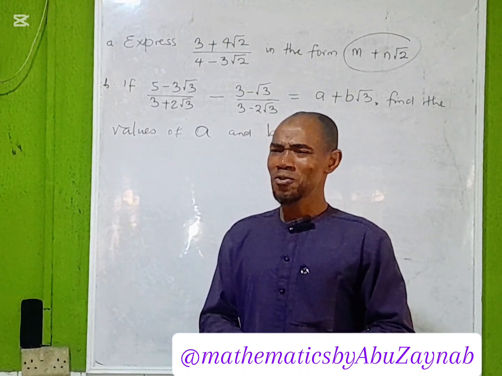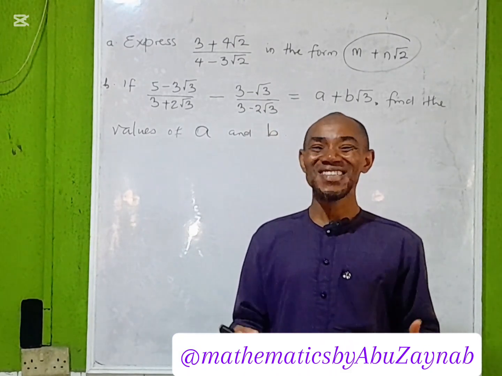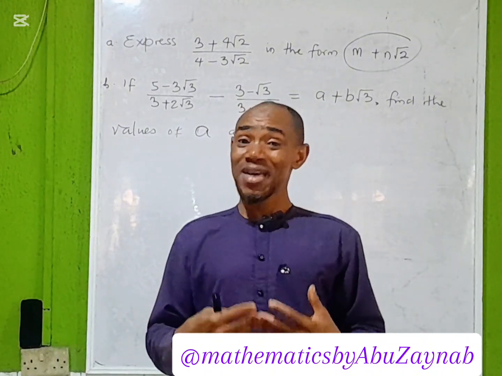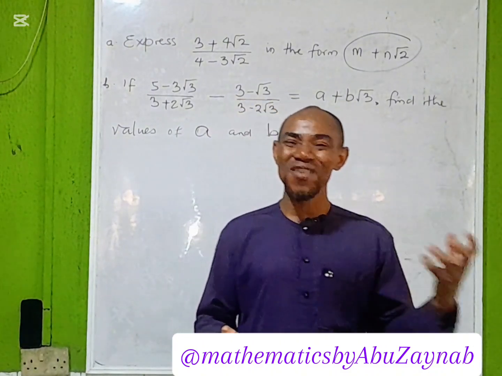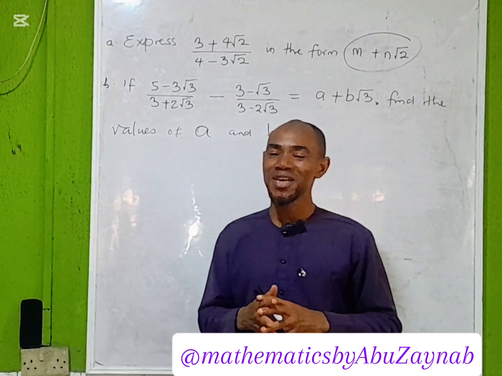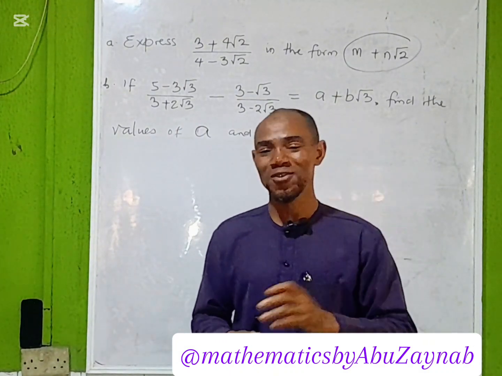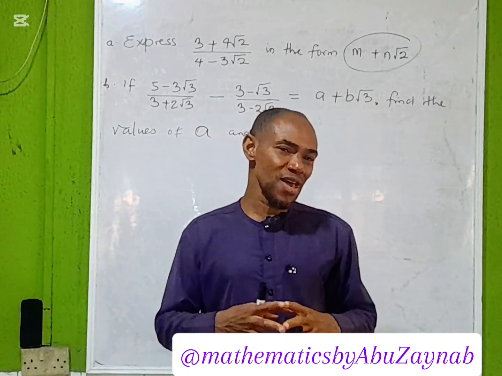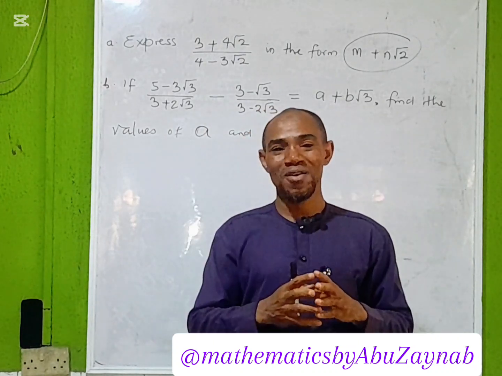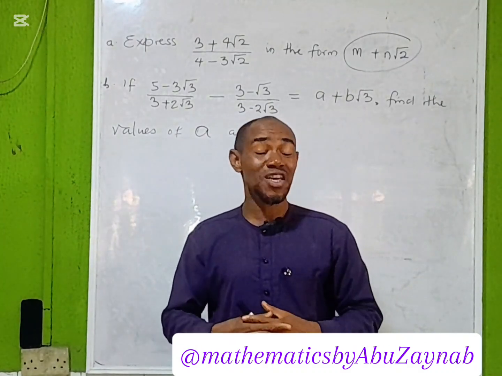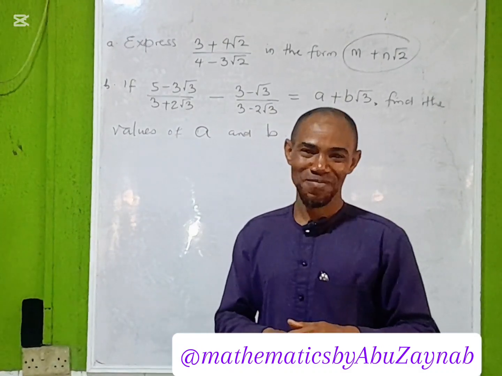And in our last video, precisely, we dealt extensively with the concept of division of surds, which essentially involves eradicating the square root at the denominator by a process called rationalizing the denominator. And of course, we explained that we have two categories there. We have the monomials and the binomials, which was solved using the concept of conjugate.